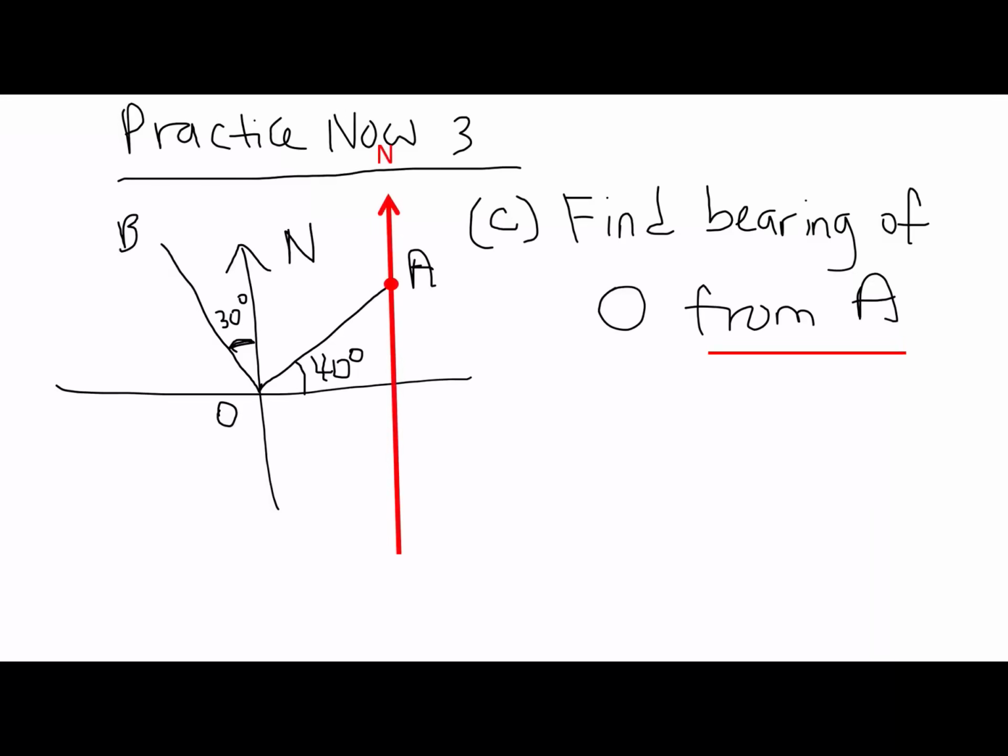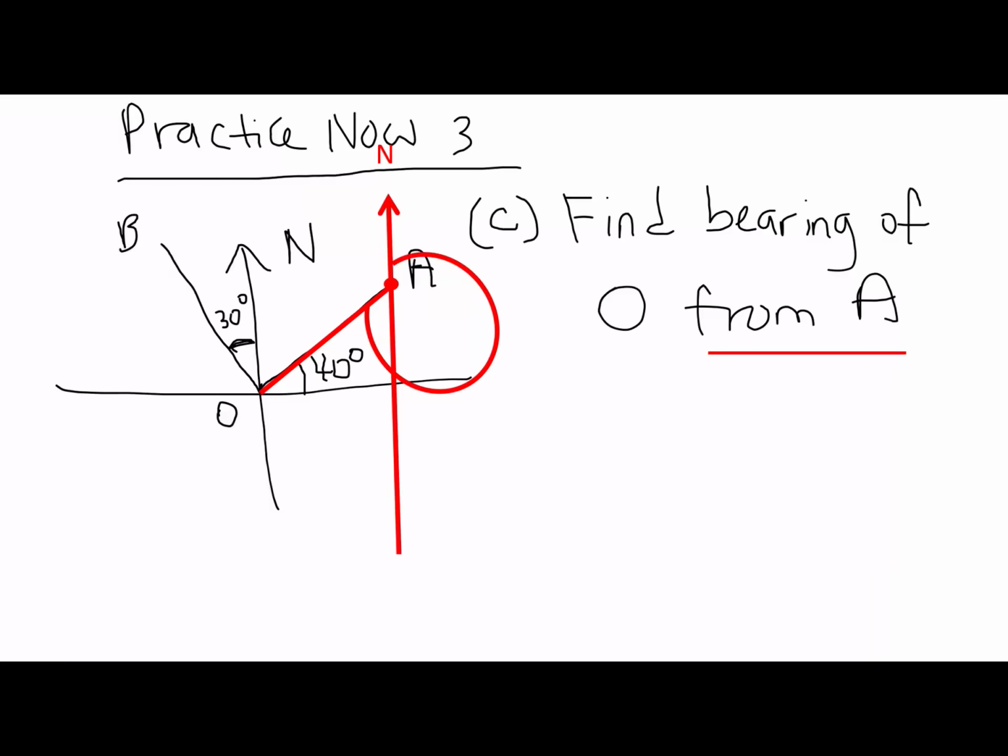Then line of sight, AO. Next, bearing is from the north line to this line of sight in a clockwise manner. So, where do I start drawing on the north line? Above point A. This is my bearing.